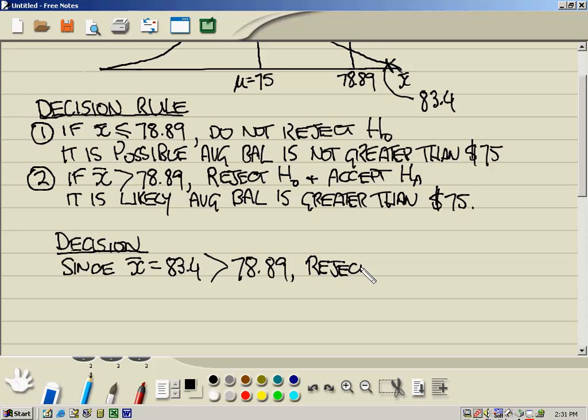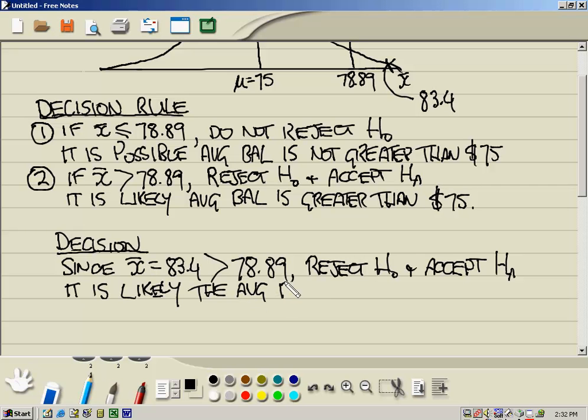The null is unlikely. And in its place accept the alternate, and say the alternate is likely. Finishing this off, the interpretation: it is likely the average balance is greater than $75. And that's the end of that particular one-tailed test.